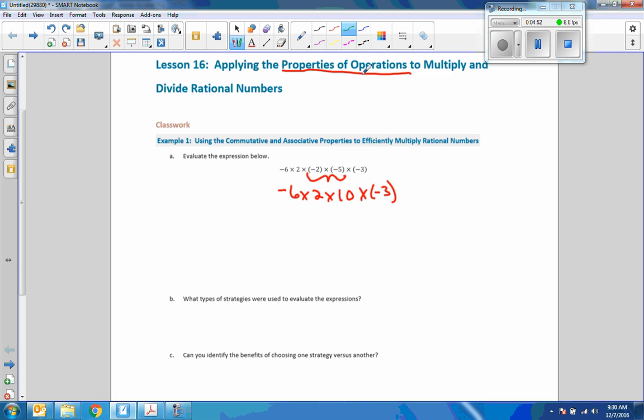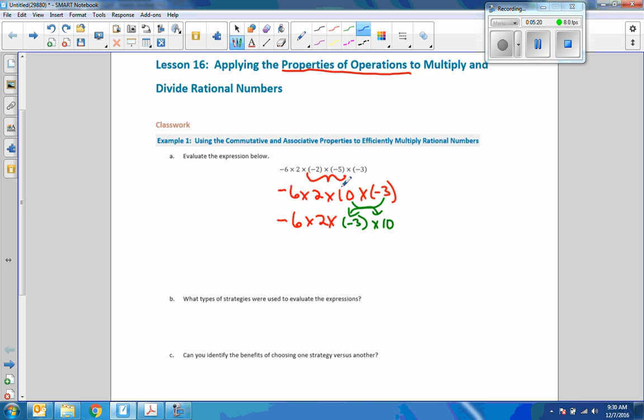Now I'm going to rearrange this. I'm going to leave -6 times 2 where it was, but I'm going to rearrange my last two. So I'm going to move my -3 here, and I'm going to move my 10 over here.